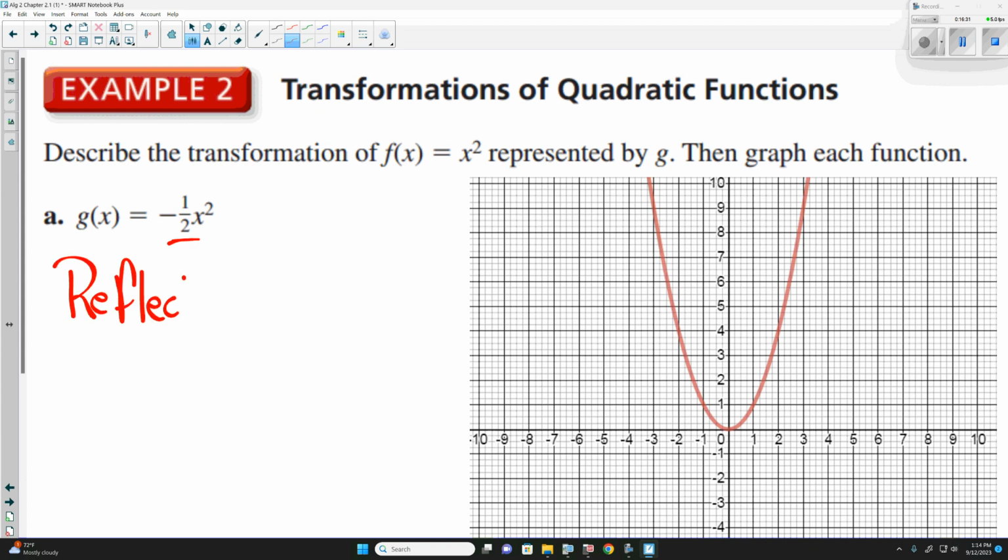Well, yes. The negative is purely talking about reflections. When we have a negative in front of the x squared, or a negative in front of the x, we're talking about a reflection across x-axis or y-axis?